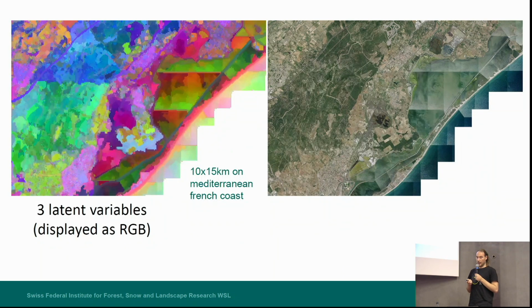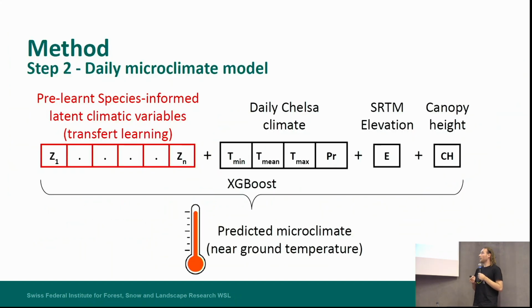And so that was the plan: to use this encoding and then try to add another layer of model to predict the microclimate. So the idea is that we train the species distribution model, we reuse the encoding that the species distribution model learned, and we add the daily temperature from macroclimate, some other elevation information, and also the canopy height, because we know that it's highly correlated to near-ground temperature.